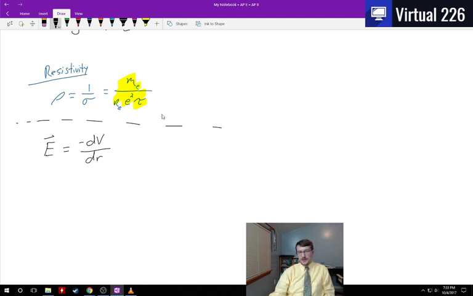If we take this into the sense of what we can measure, in terms of a magnitude, it is some change in voltage over some change in distance. And we just use the magnitude here, the size. That's why the negative goes away. That's all we're really concerned about. This, in general, is some voltage drop over some path length. We're going to call it L. It's a length, okay?